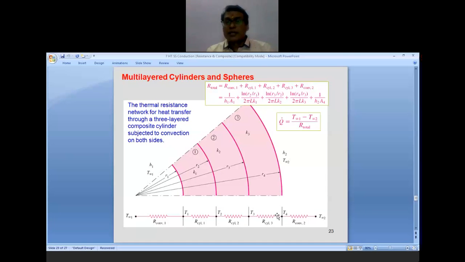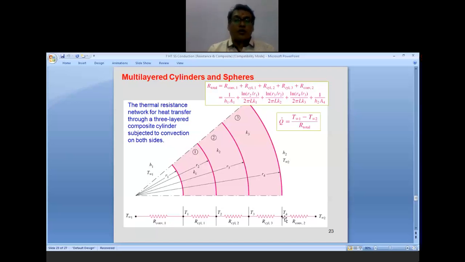However, remember that between those two temperatures, you must consider which different resistances are to be taken into account. Take any permutation combination, say T infinity 2 and T4, then only one resistance will be there. Or to calculate T4, I can take T infinity 1 and T4. That can also be done.